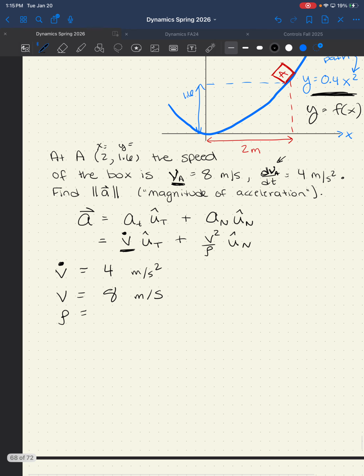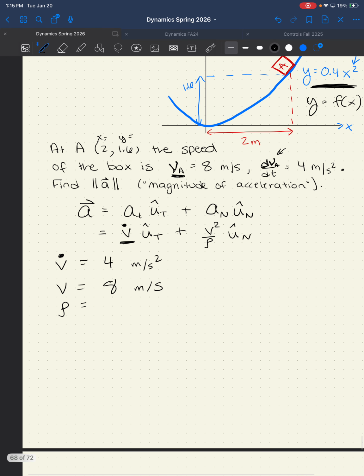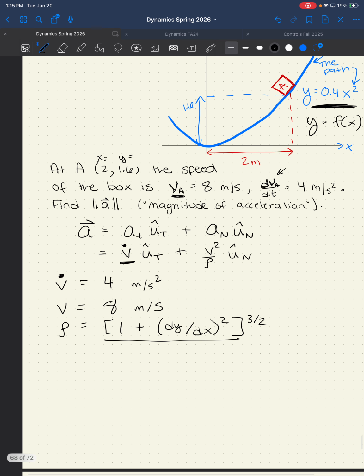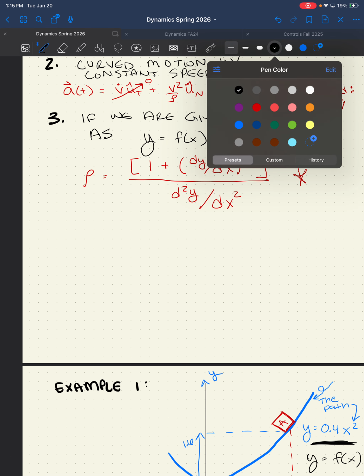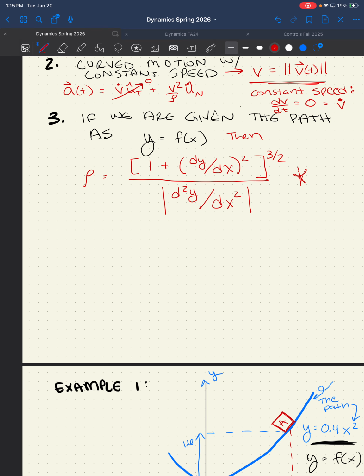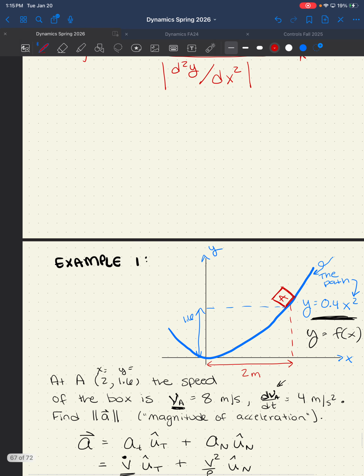Okay, now I can plug back into my acceleration. So acceleration as a vector equals v dot u hat t, which should be 4 u hat t, plus v squared, which we said v was 8, so this is 8 squared over rho, 8.396 u hat n. Is that what the problem asked me for?